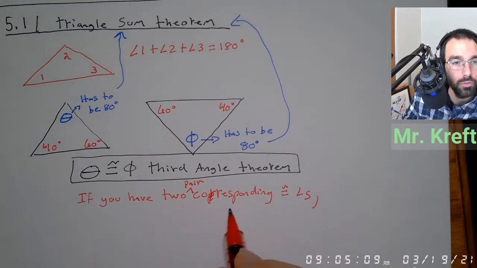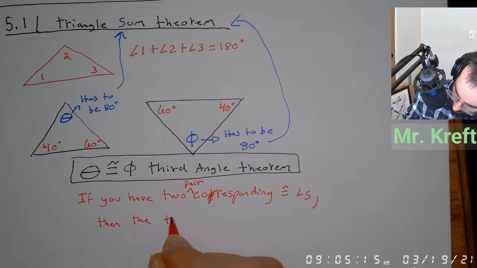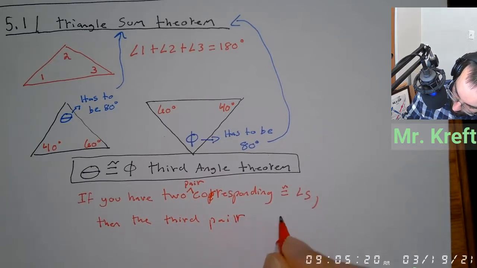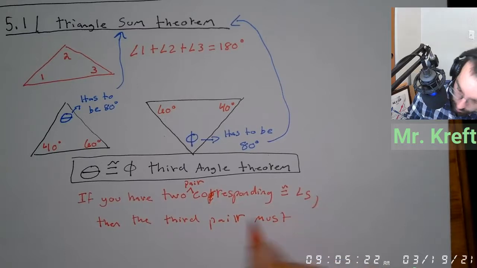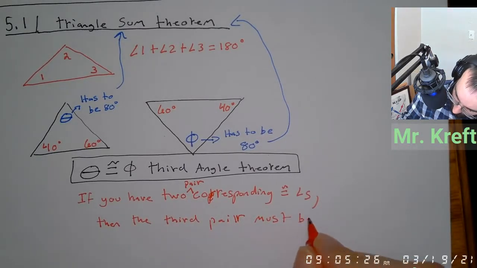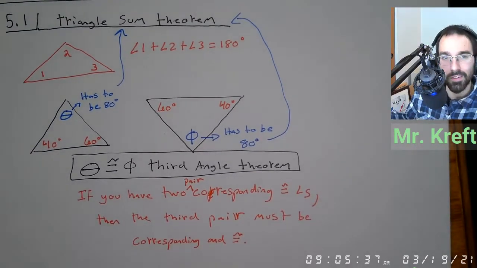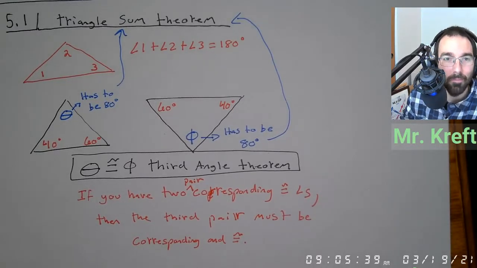So if you have two pair of corresponding congruent angles, then the third pair must be corresponding and congruent. Okay, and I use some symbols there to speed up the note-taking process, okay?